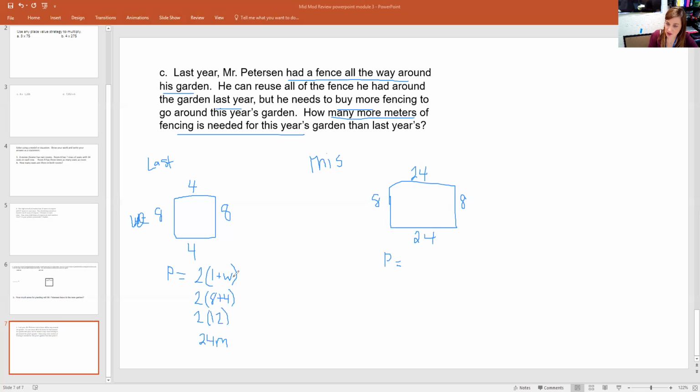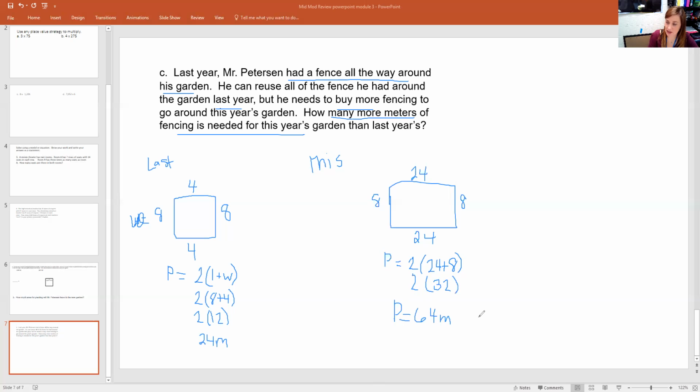We've got 2 times the length plus the width. So 2 times 24 plus 8, or 2 times 32, which we know the perimeter is 64 meters.